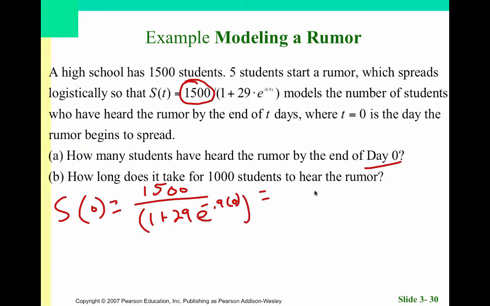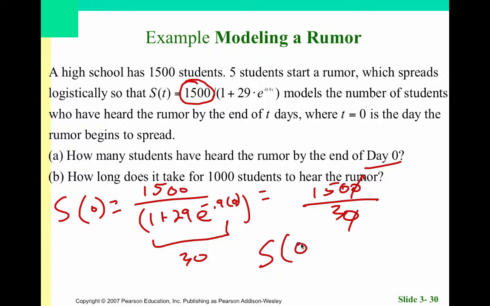Well, if you think about it, e to the negative 0.9 times 0 is e to the 0, that's 1. This is 1 plus 29. This whole thing is just 30. So at the end of day 0, 1,500 divided by 30, we have 50 students who have heard it by the end of day 0. And then we could continue on.